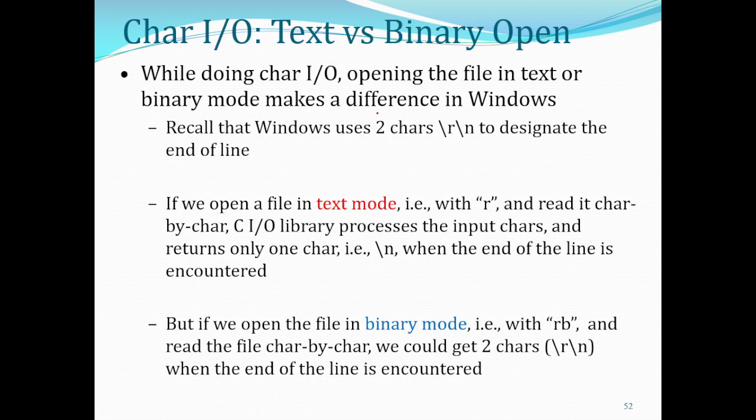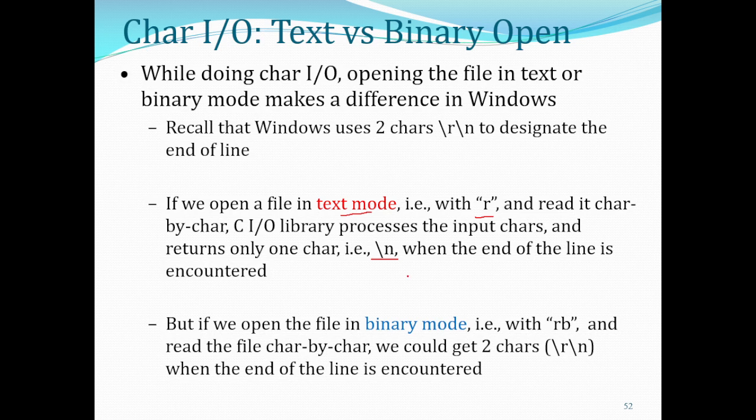Okay. And text and binary operations in Windows and in Unix are different. In text mode, when we open in read mode, when we reach a new line, that means we are basically printing a new line.